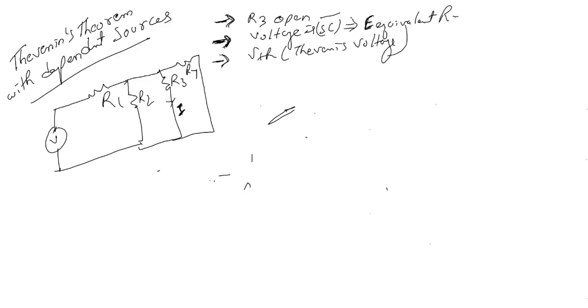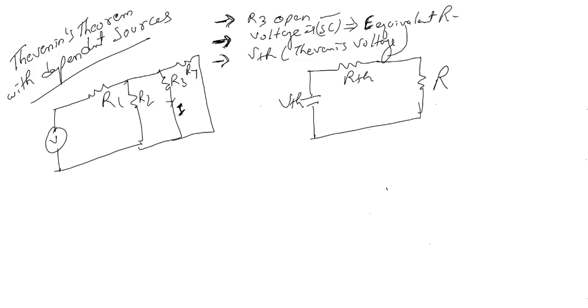Thereafter we use the formula. Then after that what we get is your VTH, your RTH, and thereafter this is your R3, right? Yes, sir. This is how you will be solving. This is how you would be finding, right? Yes, sir. Better.